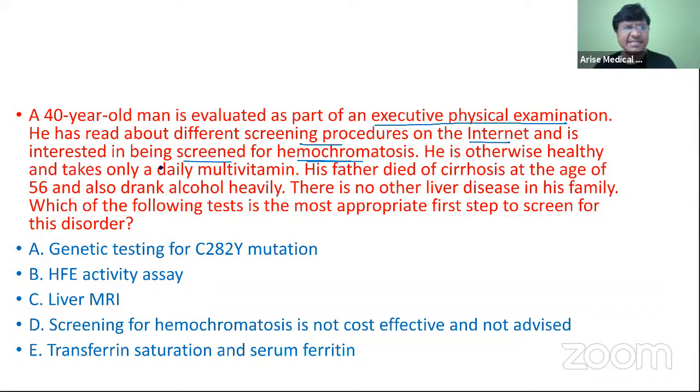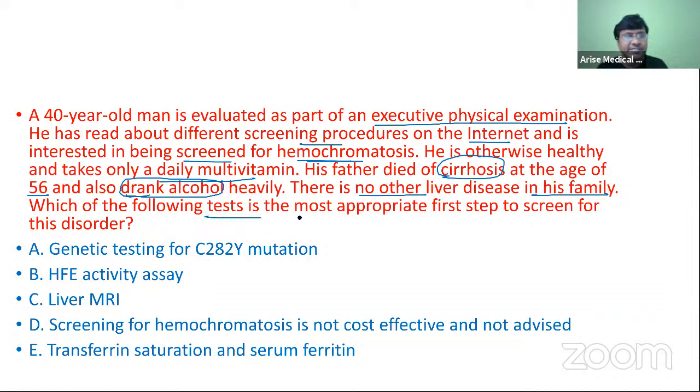He is otherwise healthy and takes only a daily multivitamin. Why do you think he wants to be screened? Because his father died of cirrhosis of the liver at the age of 56 years, and his father also drank alcohol heavily. There is no other liver disease in his family.